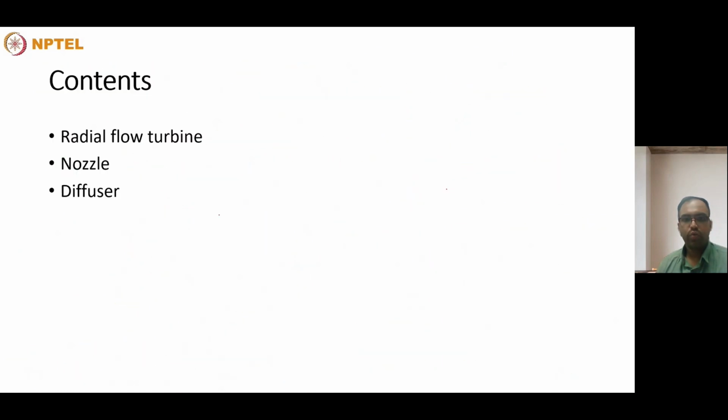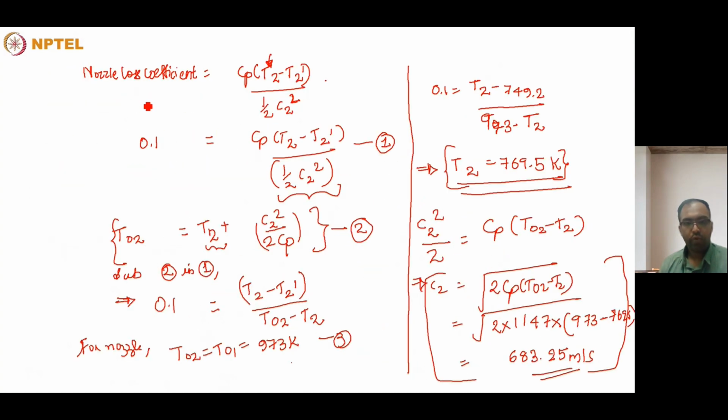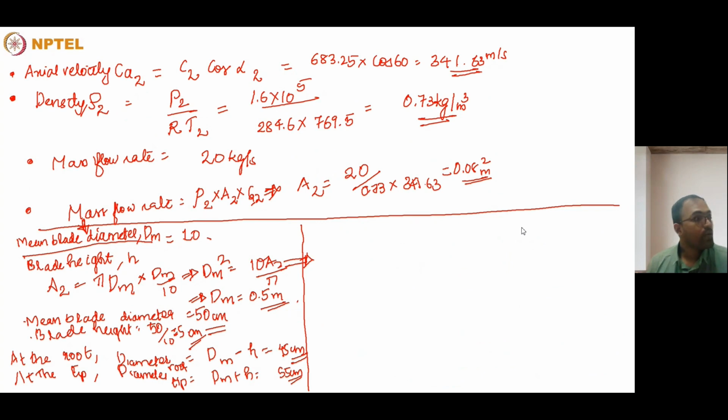So in this particular problem, it's been mentioned that it's a free vortex type single stage turbine. So the property associated with the free vortex type is that tangential velocity into r must be constant.